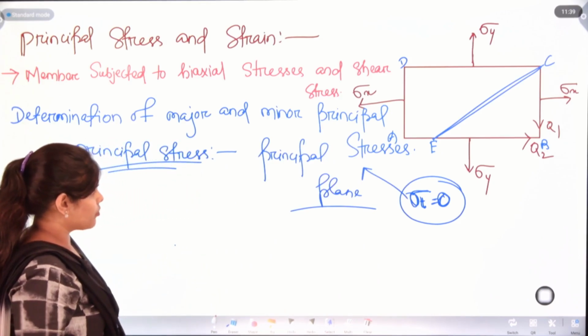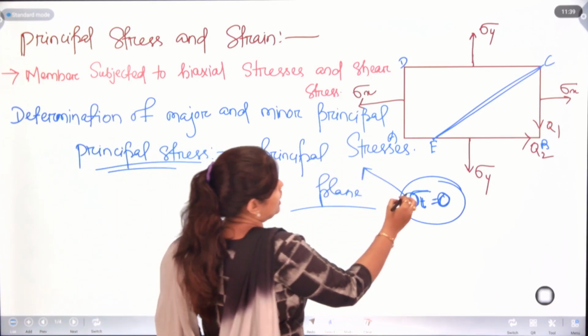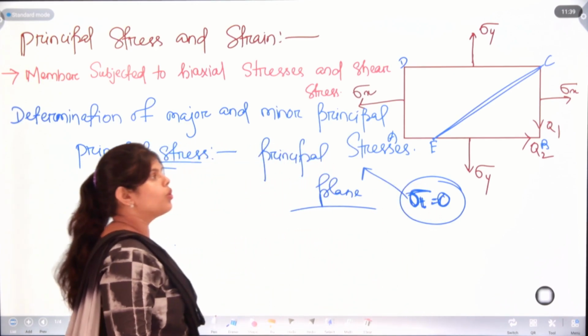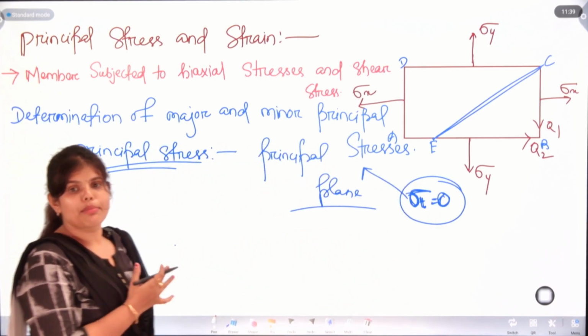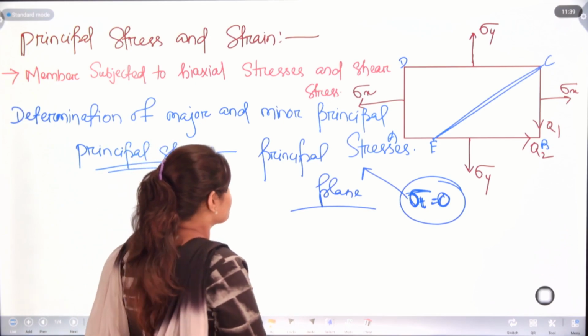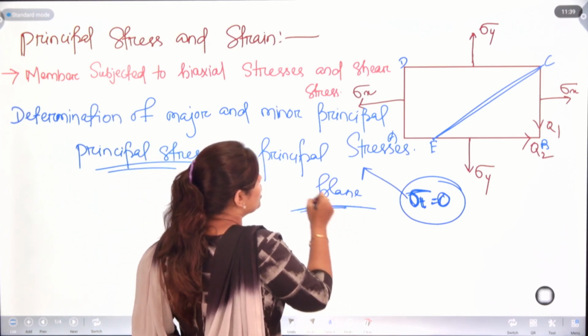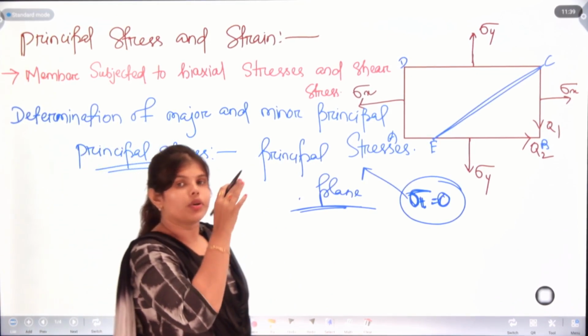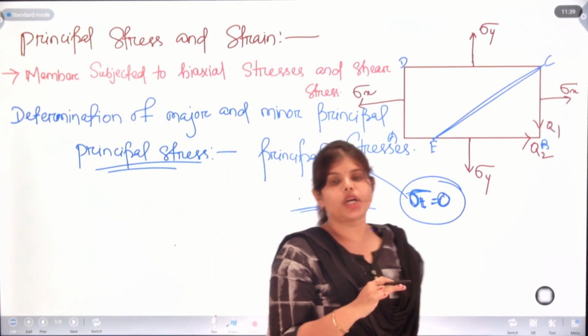In this plane, if we take sigma t or tangential stress as 0, we will find out the principal stress.